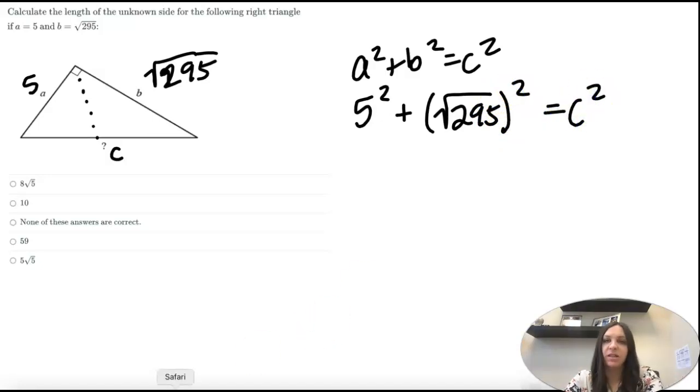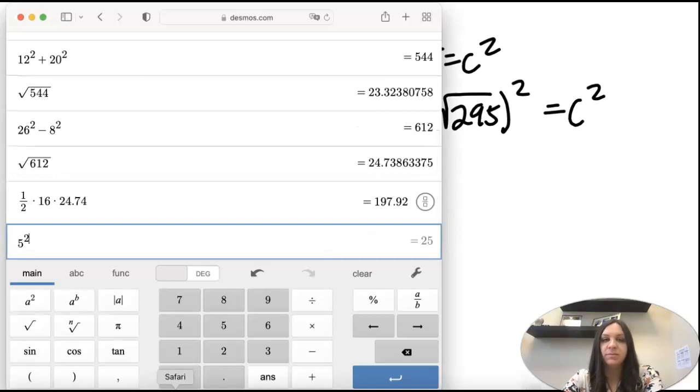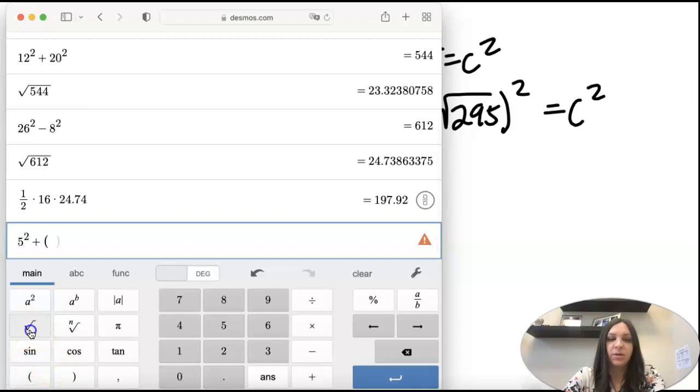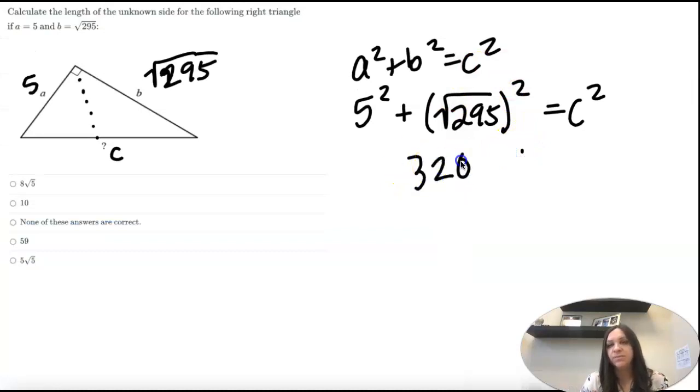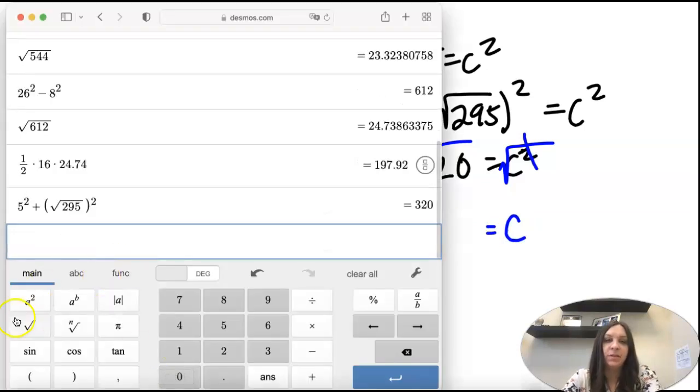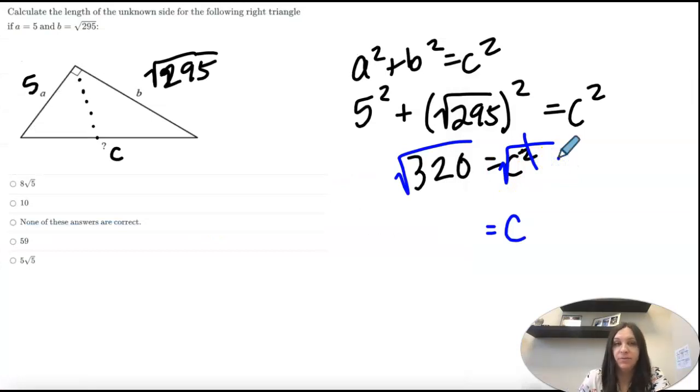So let's calculate that. 5 squared plus the square root of 295 squared is 320. And then we'll take the square root of both sides. So C equals 17.89. Notice how that's not an answer.